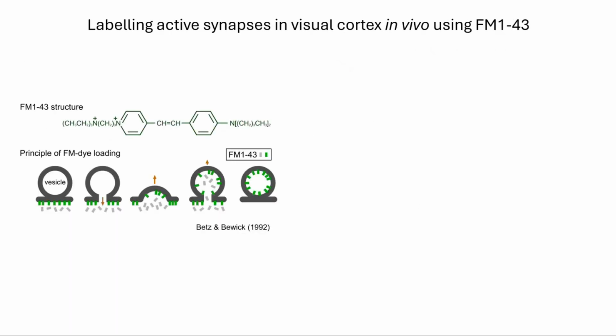The dye that we use for active synapse labeling is the FM1-43, which has plenty of delocalized electrons for emitting light, and it also has a lipophilic tail, which helps it incorporate into the outer leaflet of the vesicle membrane during visual stimulation.